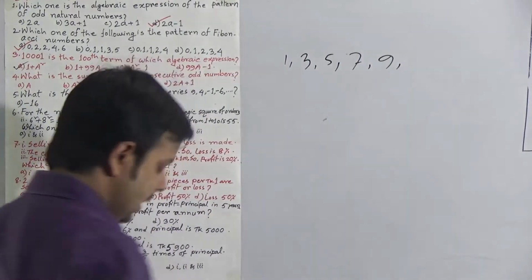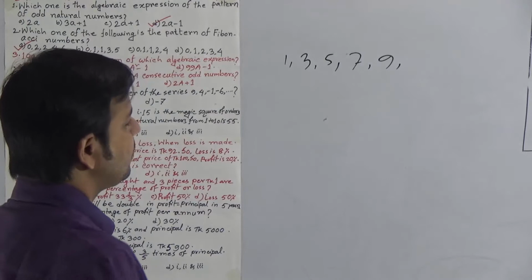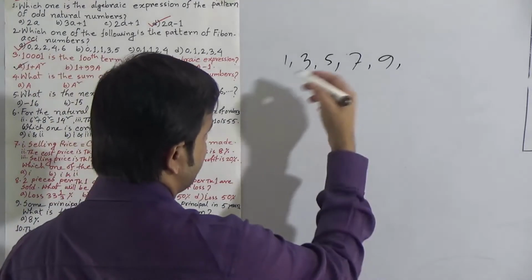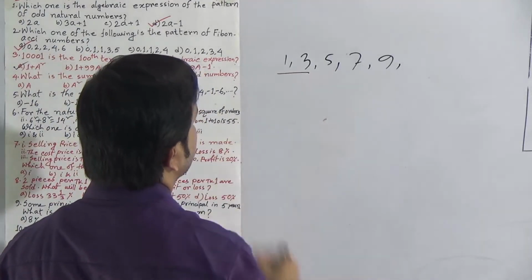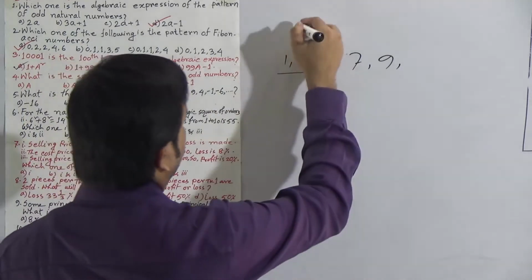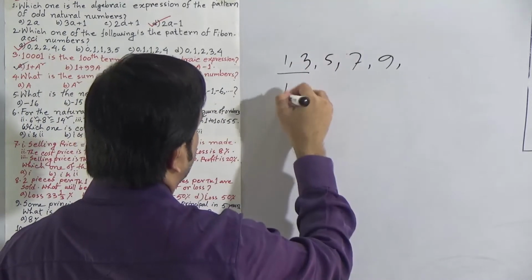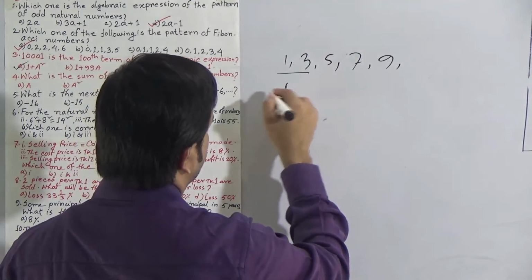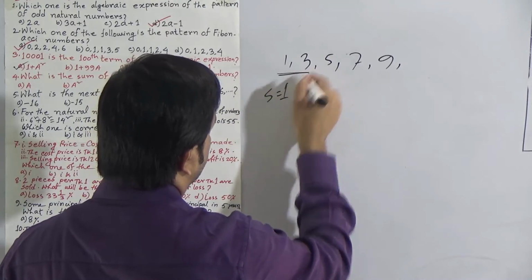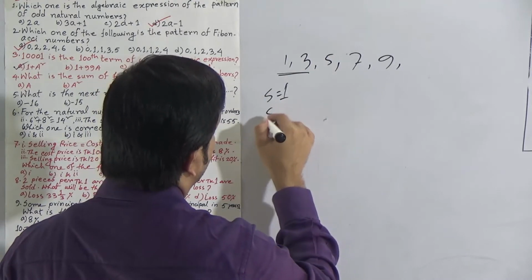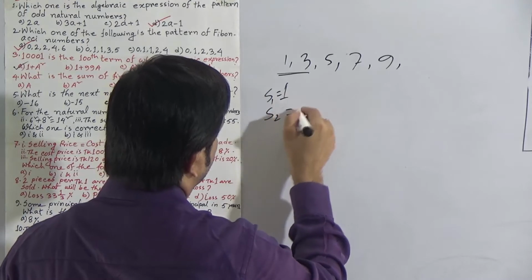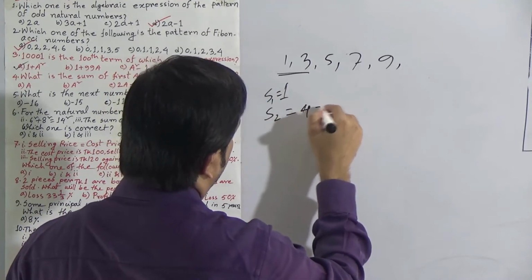If we consider only the first one, we get 1, so the sum is 1. If we consider the first 2, the sum will be 4, which means 2 square.